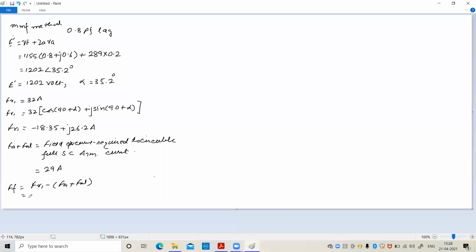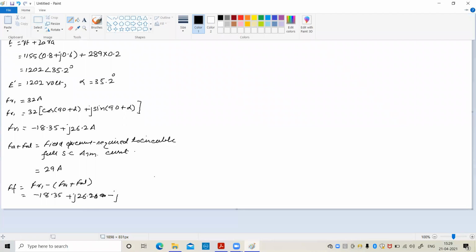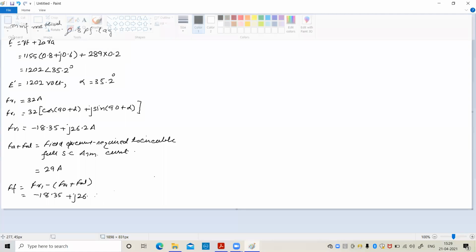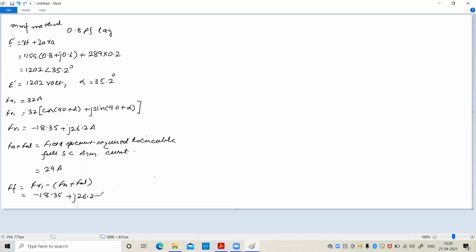So which is equal to 18.35 plus j 26.222 minus 29, and hence your FF is equal to 54.11 at an angle of 150.